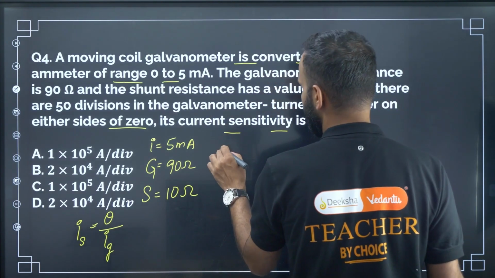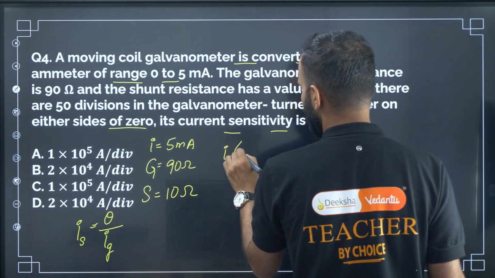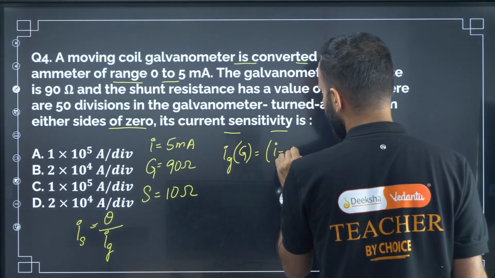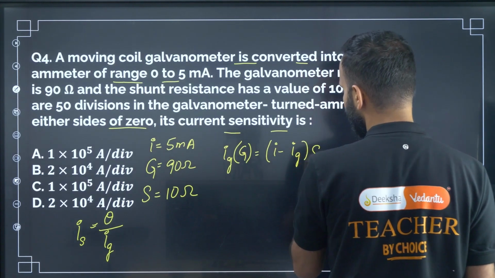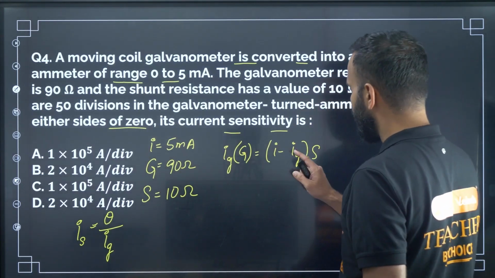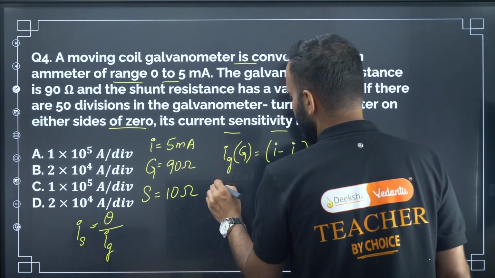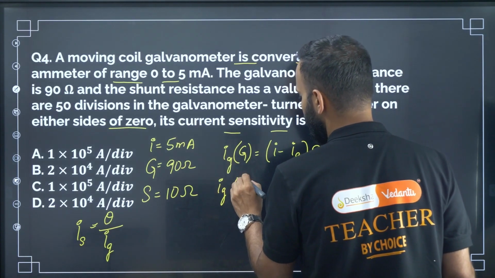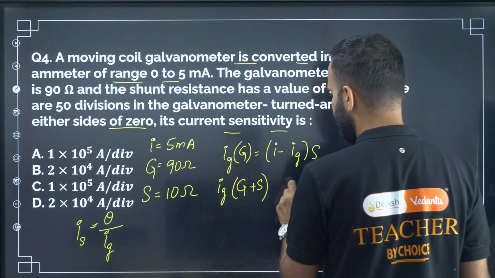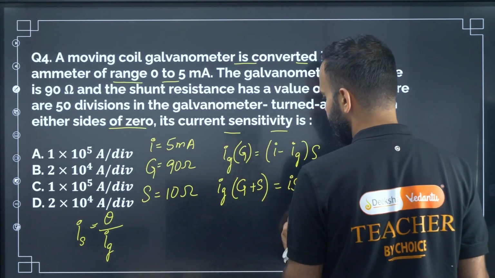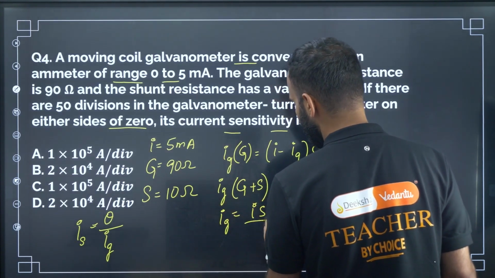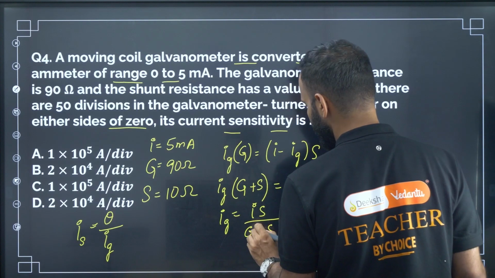Here we know that Ig into G is equal to I minus Ig into S, where S is the shunt resistance. So Ig into G plus S is equal to I into S. Now Ig is equal to I into S divided by G plus S.